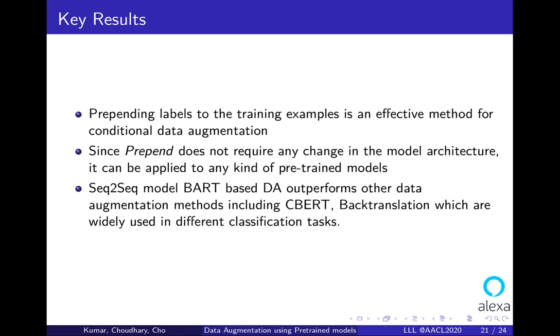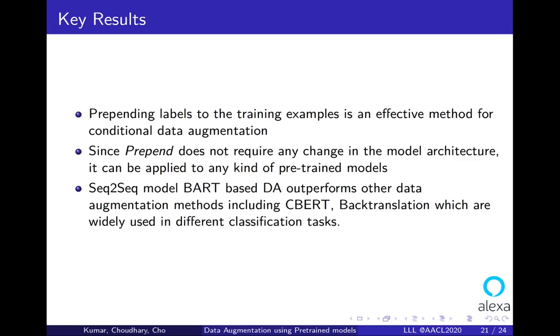So here we summarize the key results from the paper. The first thing that we want to highlight is that prepending labels to the training examples is an effective method for conditional data augmentation. The best thing about prepend is that it is very simple. It doesn't require any change in the model architecture and can be applied to theoretically any pre-trained model out there.